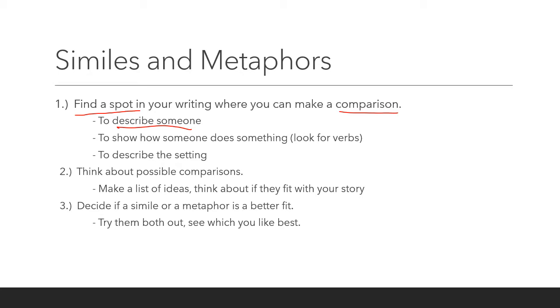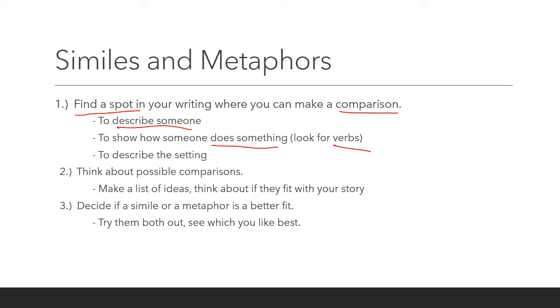You could use it to show how someone does something and look for verbs. So if you have characters that are sneaking, they might be creeping mice, or they might be creeping like mice, depending if you want to use a verb or a metaphor. If you have somebody who's running, what's something fast? Could they be running like a Lamborghini? Could they be running like a cheetah?